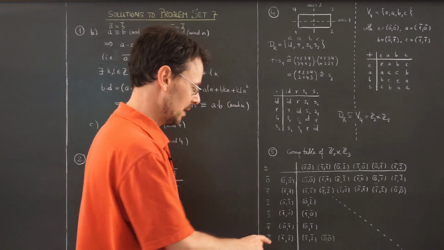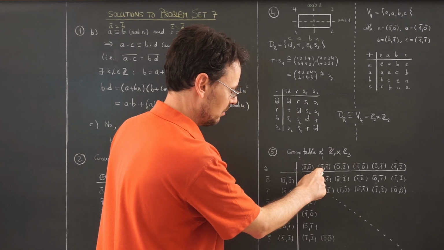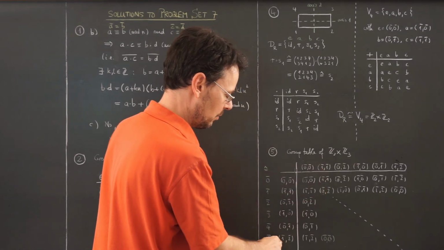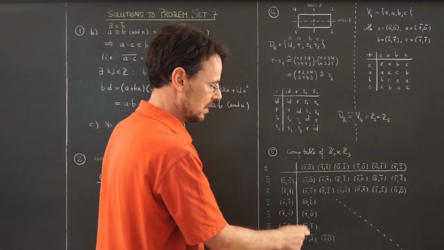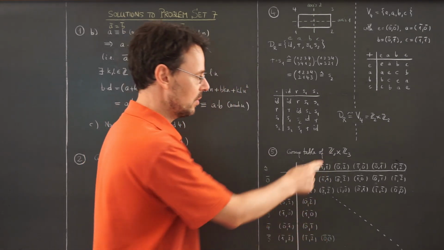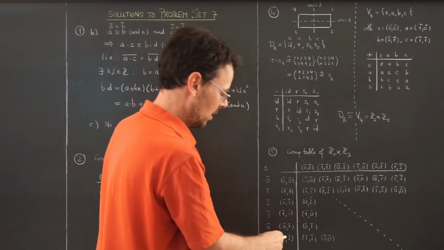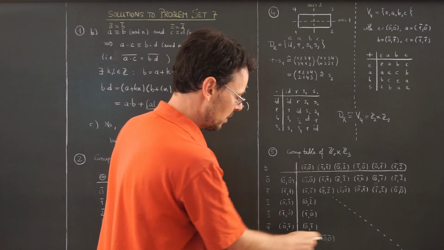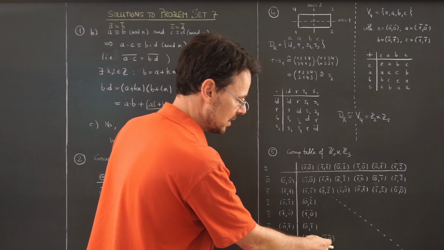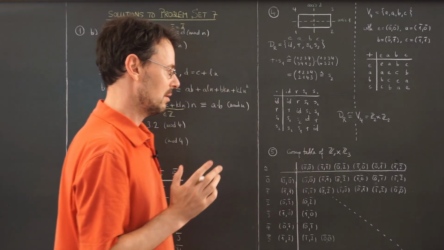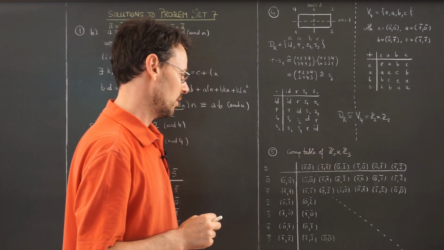So let's do one example. If I take this element and add it with this element, in the first component I end up with 1 bar plus 1 bar, which is 2 bar, which is the same as 0 bar, because here in the first entry we are in Z mod 2Z. In the second entry, I have 2 bar plus 1 bar, which is 3 bar, which again is 0 bar, but now in Z mod 3Z. So you have to distinguish the both components here.